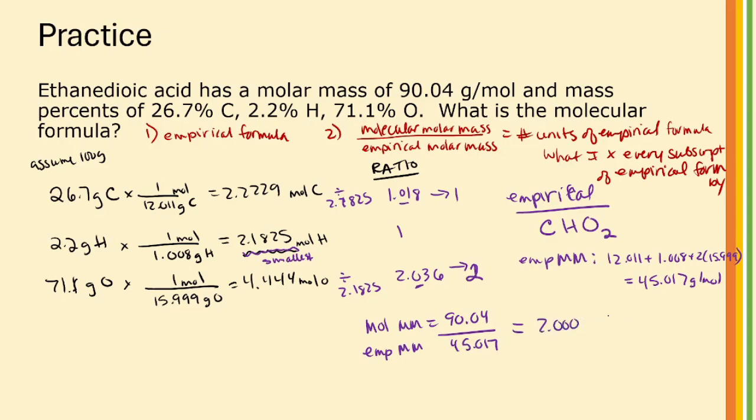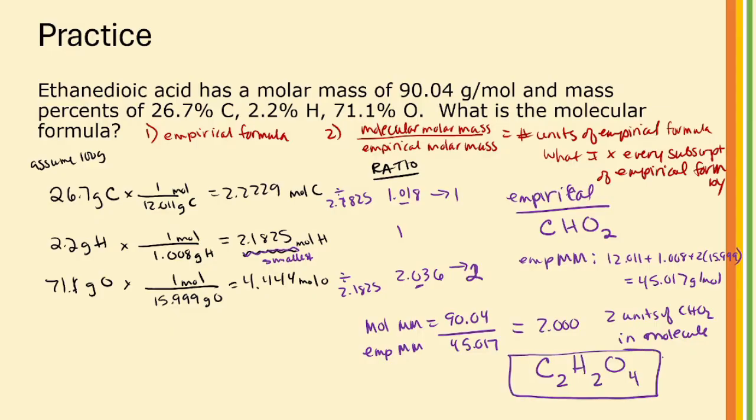In other words, I have 2 units of CHO2 in this molecule, which means I'm going to double all of these subscripts. So C1 becomes C2, H1 becomes H2, O2 becomes O4. That's how I come up with the molecular formula once I know the empirical formula.